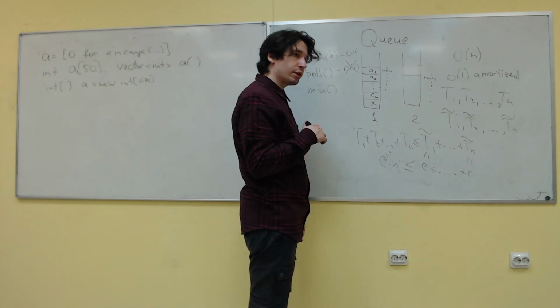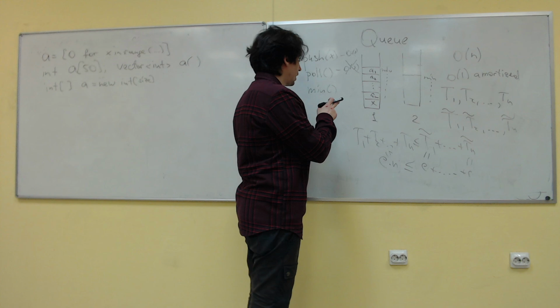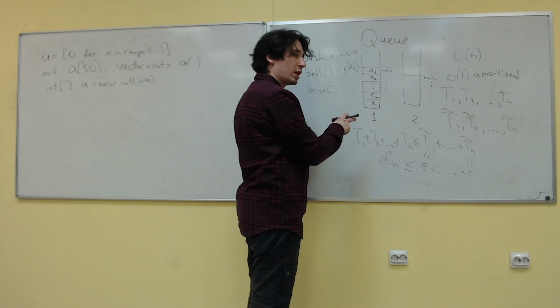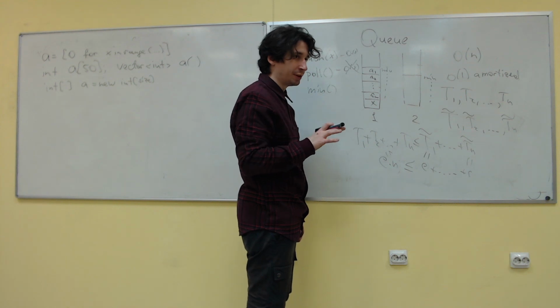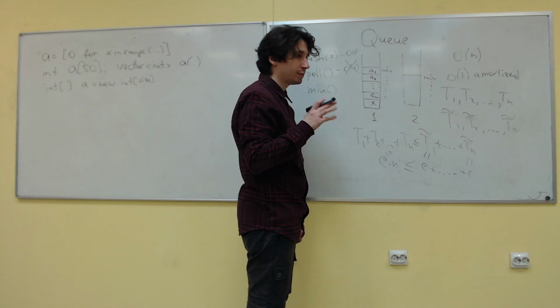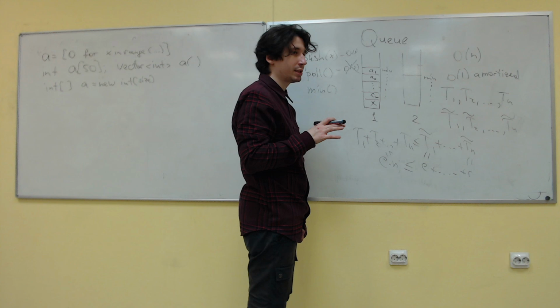The interesting thing is that we can still emulate a queue, but with 6 stacks, and do this in real O of 1. That's an interesting algorithm. It's really complicated, but we can do this.